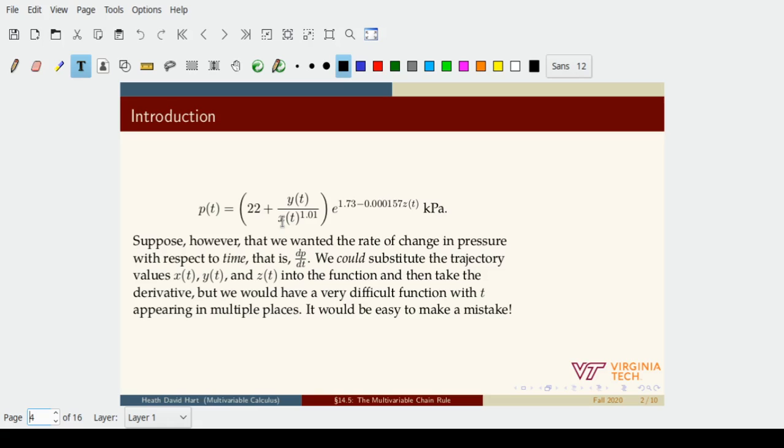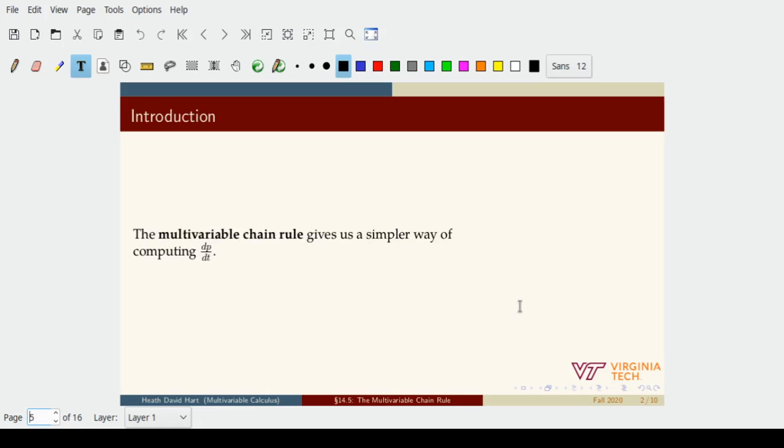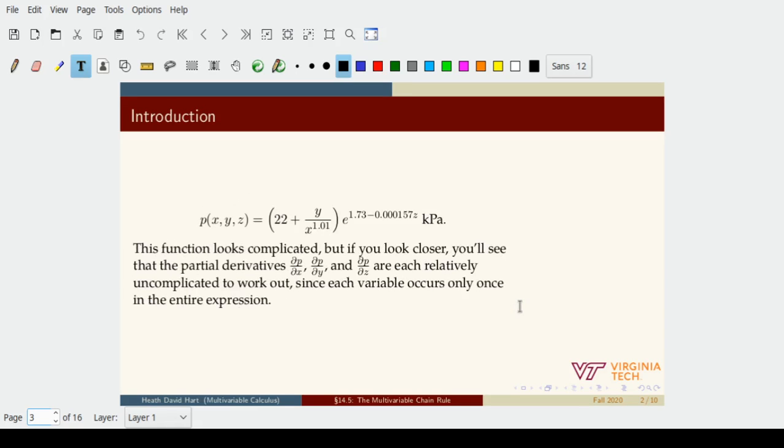And then it's a little bit trickier to take the derivative, because then I have to think about the product rule and the quotient rule for this fraction here. And I have a risk of making a mistake. It's going to be a lot harder to take this derivative than it was to take these partial derivatives on this slide.